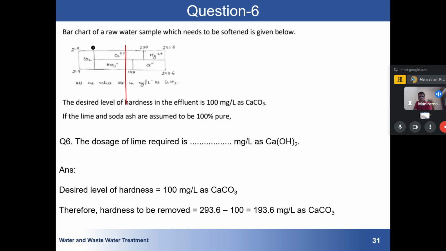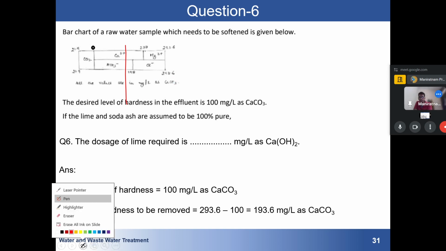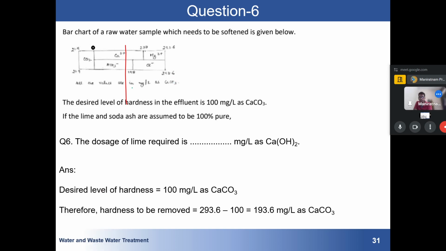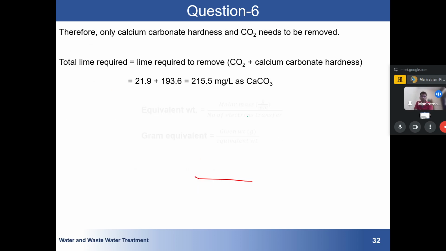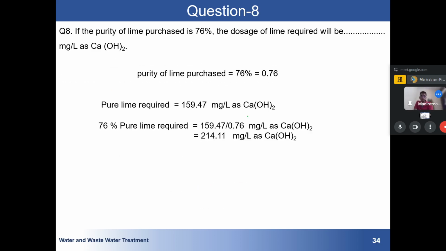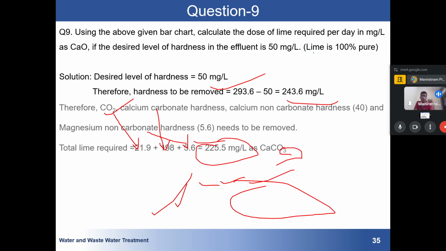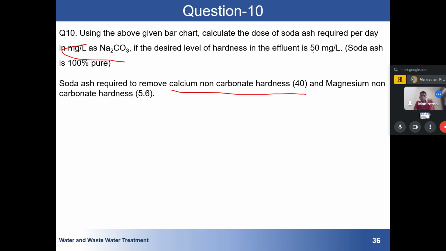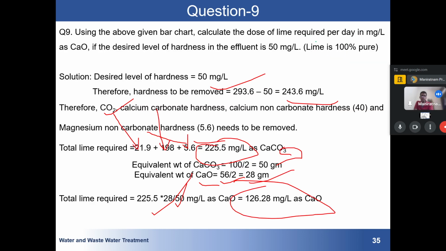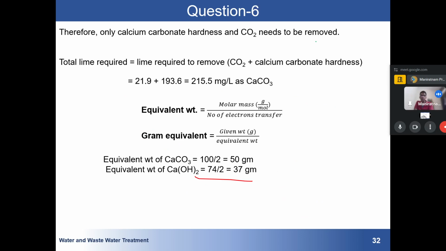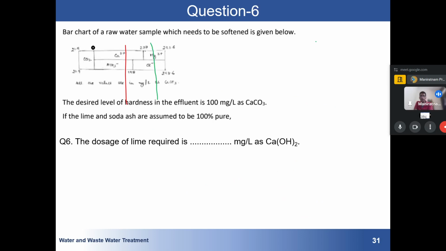But now what happened is that they are asking you to go to this 50, meaning from 293 to 50. Remember, this question is 50 milligram per liter again. Okay, 50 milligram per liter. So now I have to go from here to here.